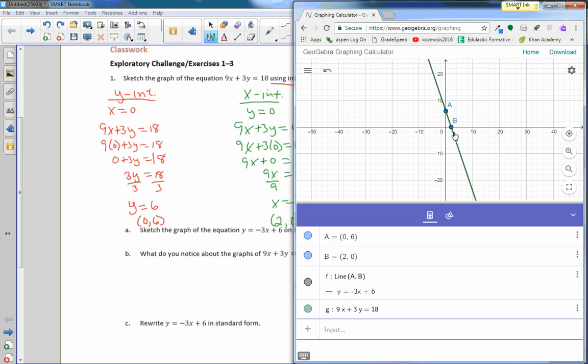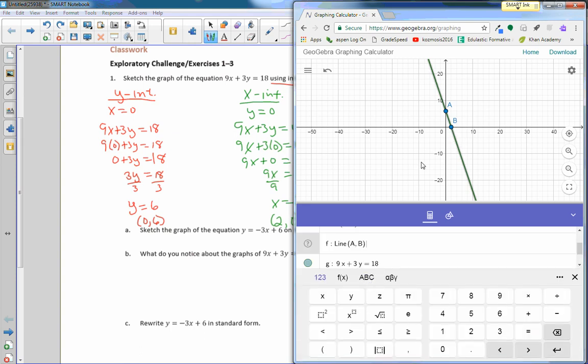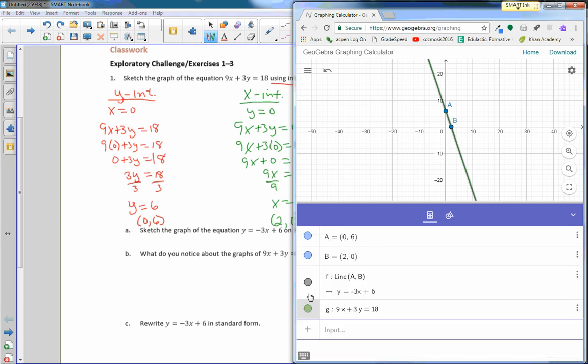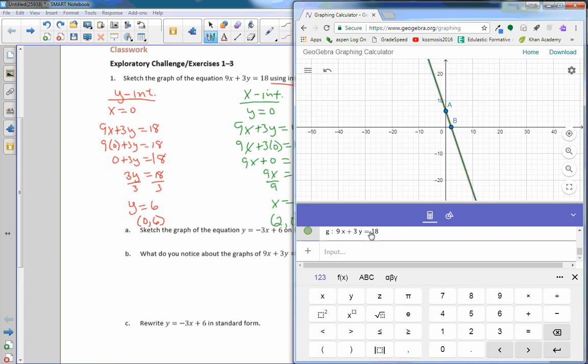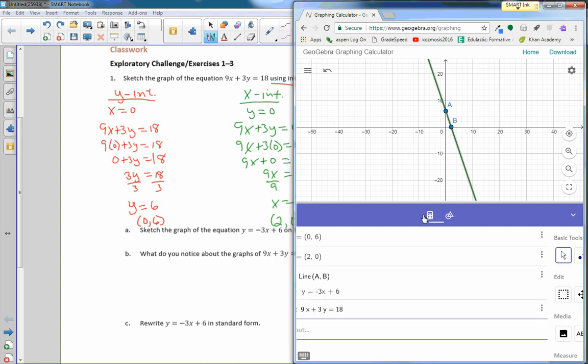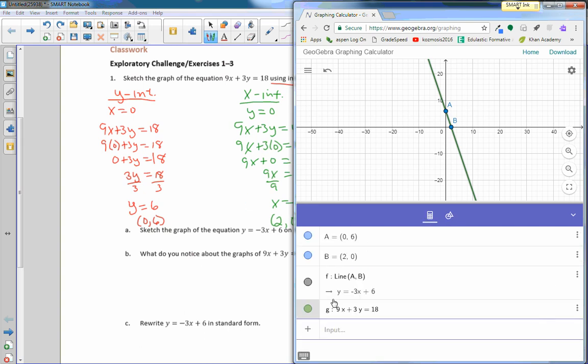Now it turned green when I clicked in here. So if I click on F, F and G are my two functions. One's in gray or black, and this one's green. As you can see, they're on the same line. So -3x plus 6 is the same as 9x plus 3y equals 18. So there's both of them sketched, F and G. Okay, they coincide.